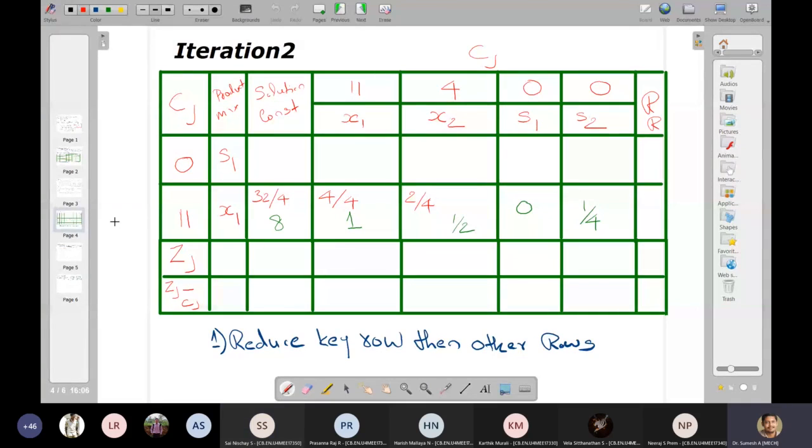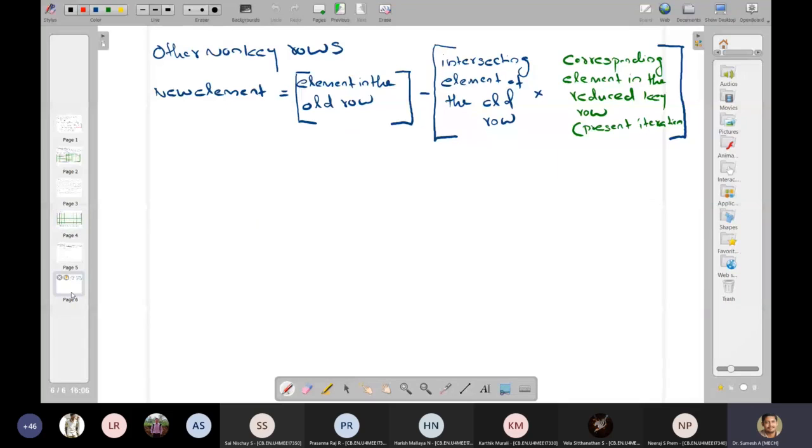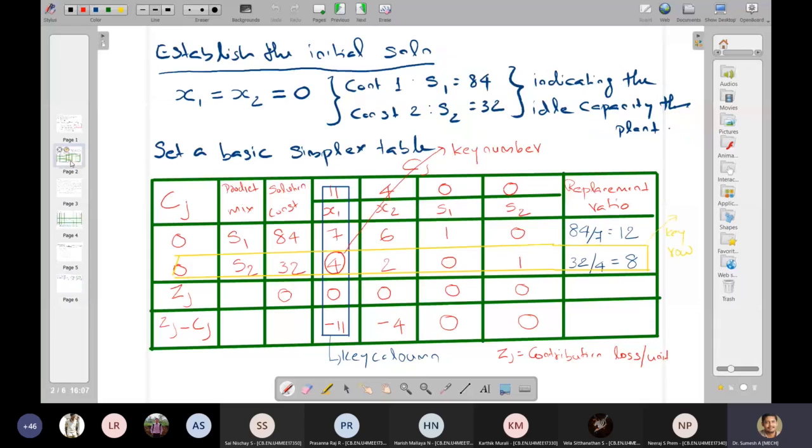Now I'll go to the non-key rows. How to reduce the non-key rows? If I want to reduce them, you can see this is the equation: new element equals element in the old row, meaning the element in the first iteration. Under solution constant it is 84.